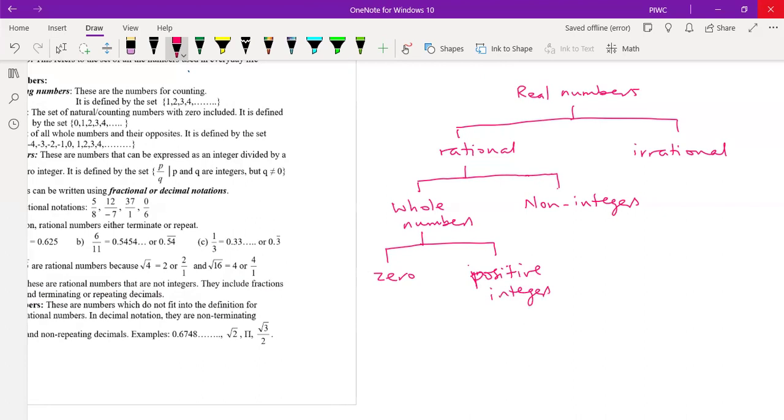Let's include the negative integers here.